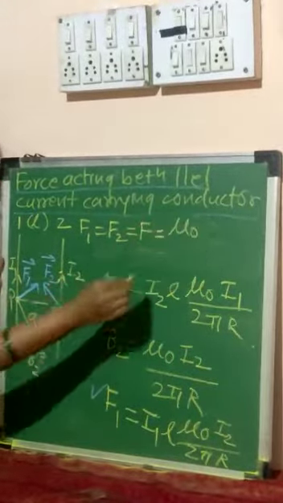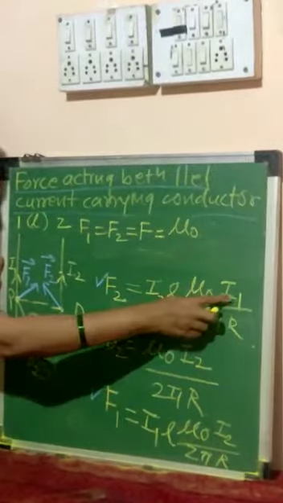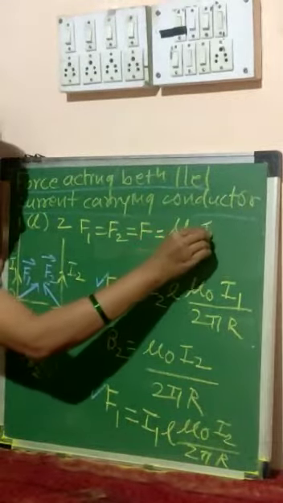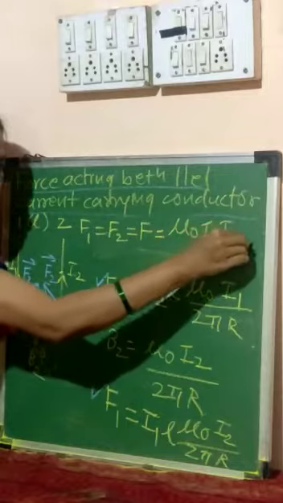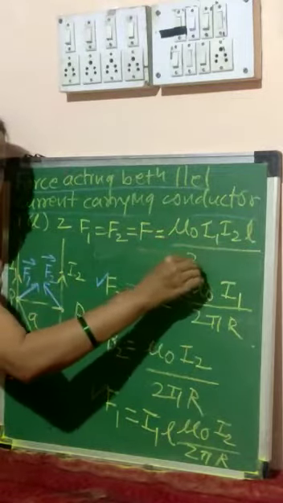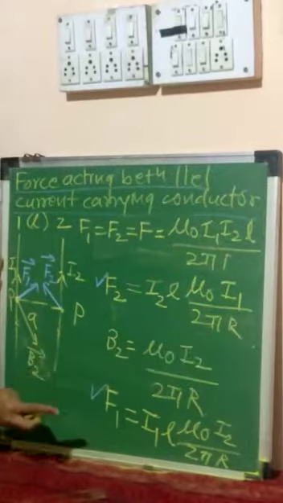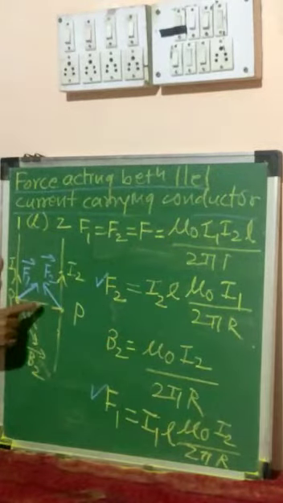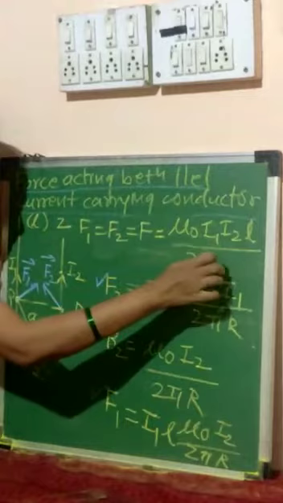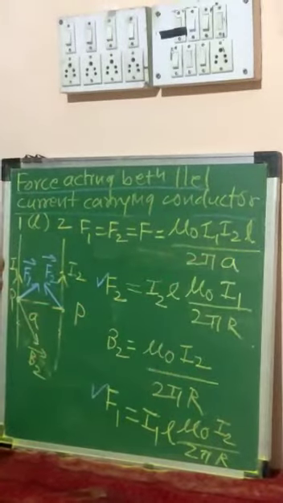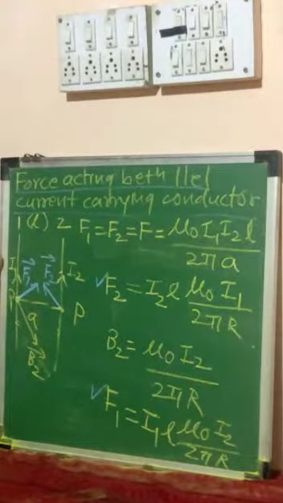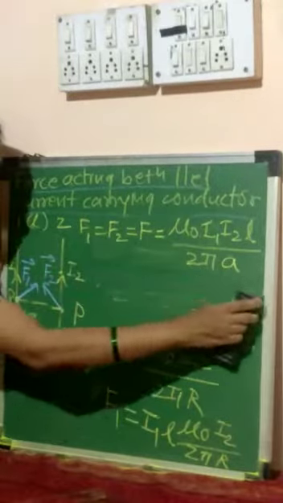Mu 0 term is everywhere, I1 I2 term is there, so mu 0 I1 I2 into L divided by twice pi R. Here R is the distance. Now here the distance between the two conductors is nothing but A. So I can replace R by A. So now I am getting this force.